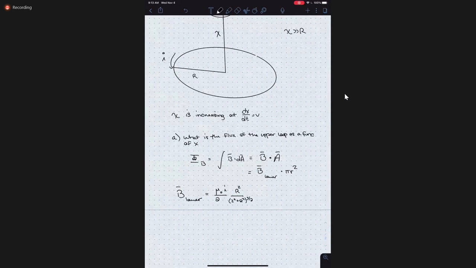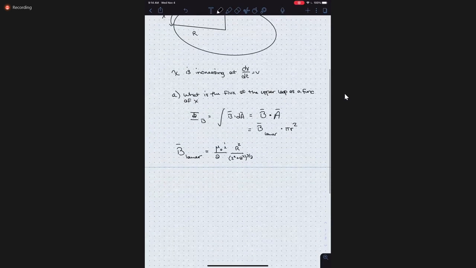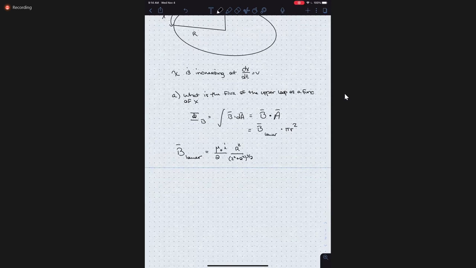Now, we need to start making some approximations here, right? Because we are told that, in this case, x is much greater than r. And with the expression that we wrote up top here, x is equal to z in this case. So when z is much greater than r, what does this expression reduce to?